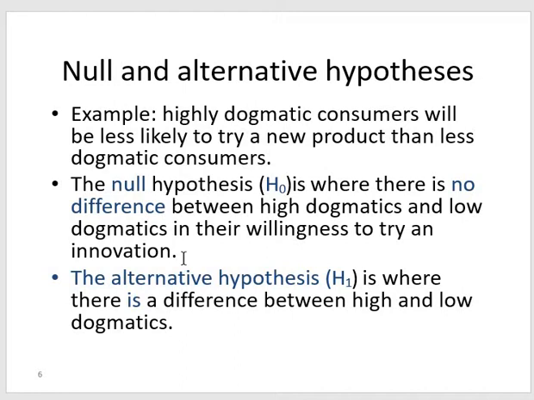This is my null hypothesis. So if my null hypothesis is going to be rejected, then what will be my alternate hypothesis that will be accepted? Then the alternate hypothesis H1 is where there is a difference between high and low dogmatic. Obviously, in the null hypothesis I am saying that there is no difference in whether the customer is highly dogmatic or low dogmatic.